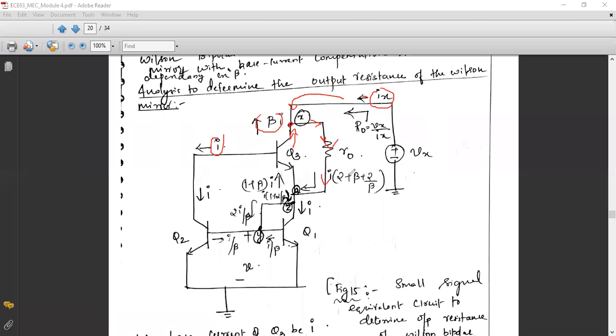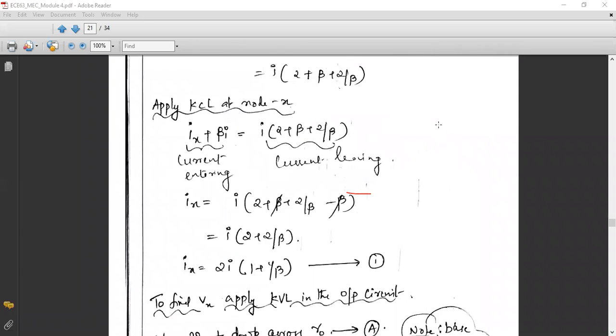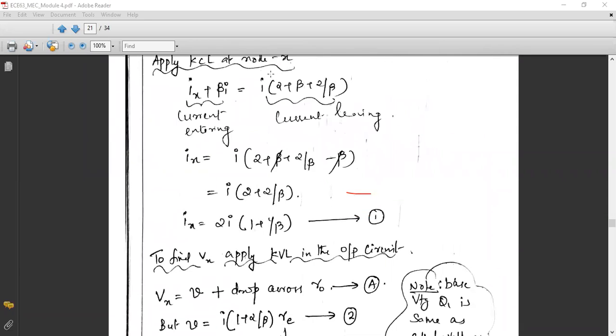And already this current we have computed in the previous step, right? So how will you write the equation? I can write the equation like Ix plus beta I is equal to I into 2 plus beta plus 2 by beta. This is the expression that we got after applying the nodal equation at node X, that is, incoming current is equal to the outgoing current. And why do we require this?